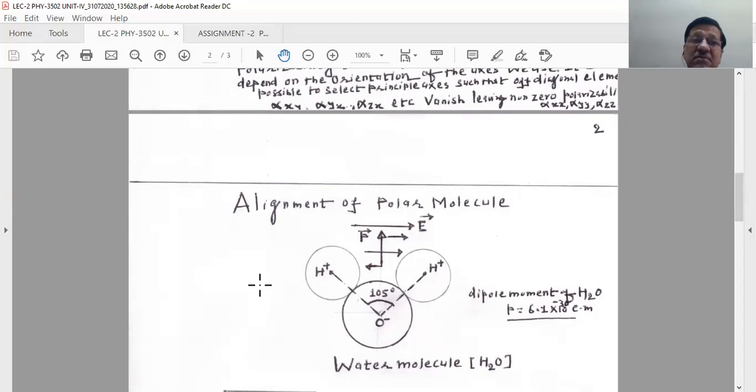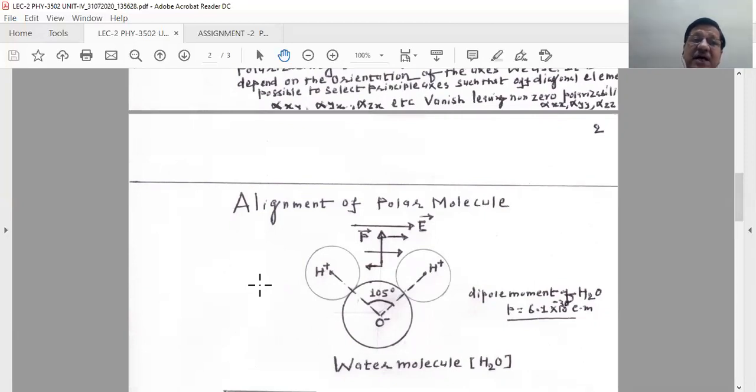Whenever you consider a molecule of dissimilar atoms, that is known as a heteronuclear molecule. In the case of a heteronuclear molecule, you will find that the center of positive charges and the center of mass of the negative charges do not coincide at the same point. So they behave like an electric dipole.